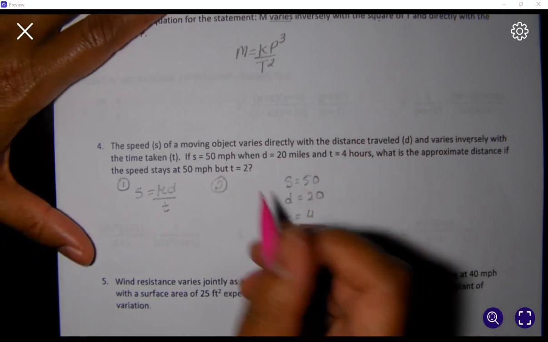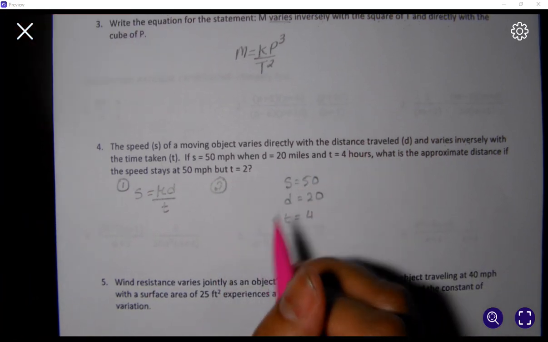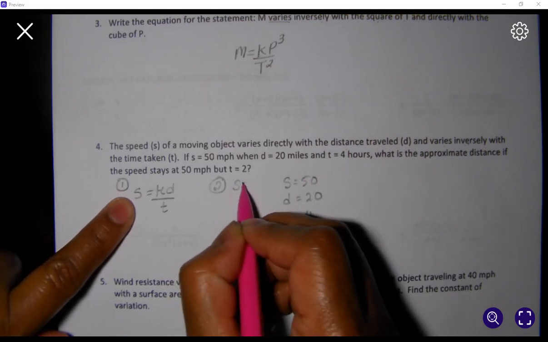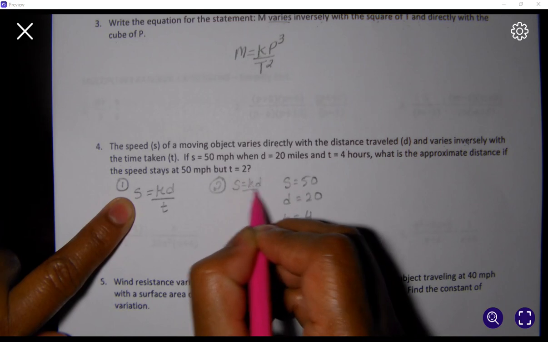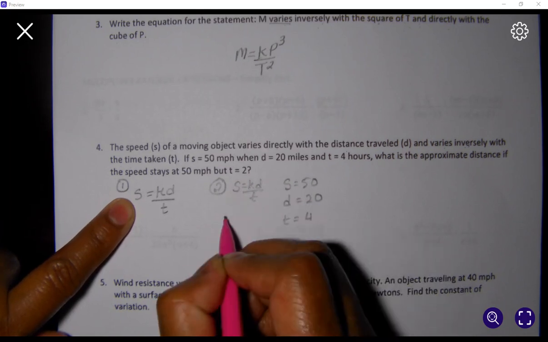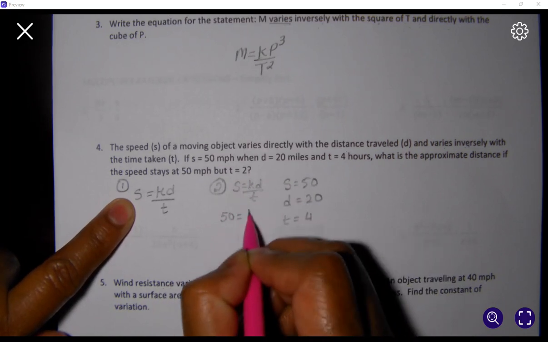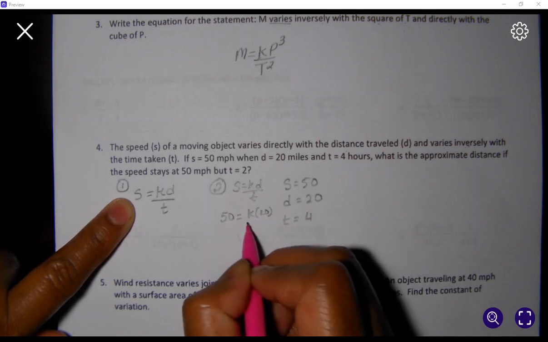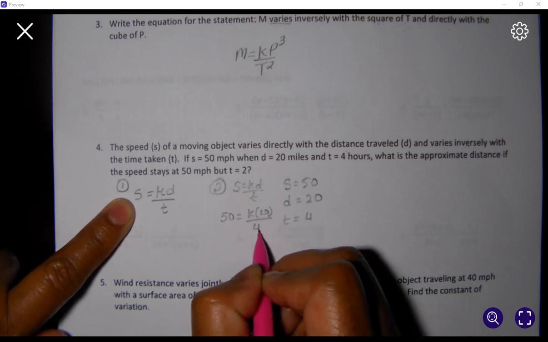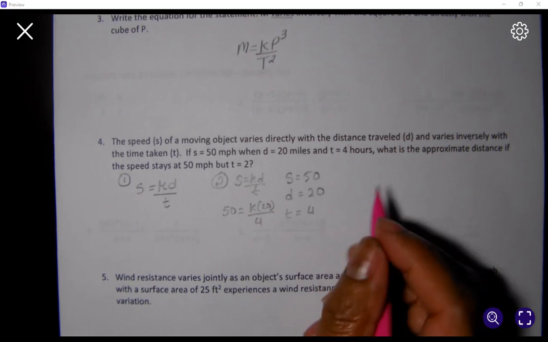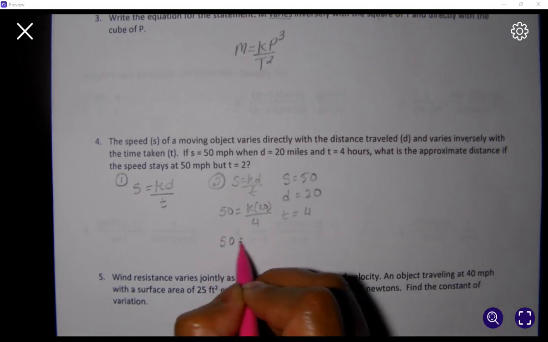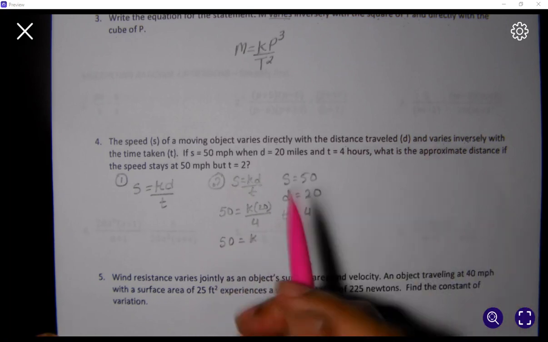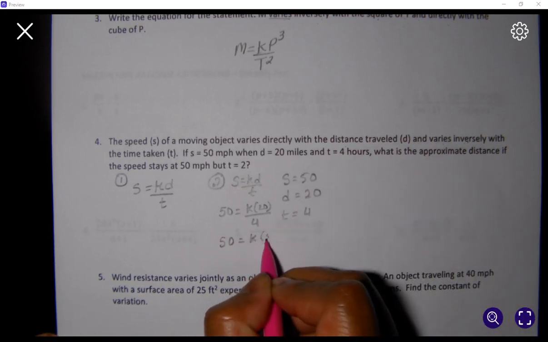Well, before we do anything, we need to go ahead and find k. So I'm going to take my equation s, so let me just write it down. S equals 50, and then d equals 20 over t equals 4. And so let me just simplify this. 20 divided by 4 is 5 times 5.